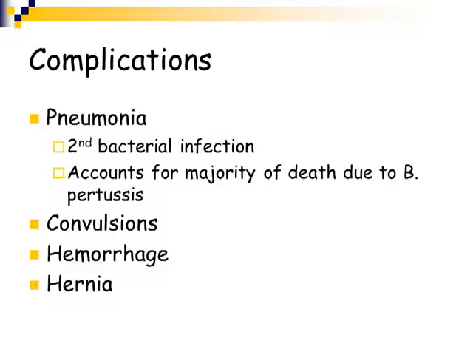And pneumonia accounts for the majority of the deaths due to Bordetella pertussis infection. It's been known to cause convulsions, hemorrhaging, hernias. I mean, you're coughing so much, usually the capillaries in the eye, you'll get little petechiae and capillary breakage in the eyes, and you could get a hernia, an inguinal hernia, where part of your intestine starts to come through the lining.